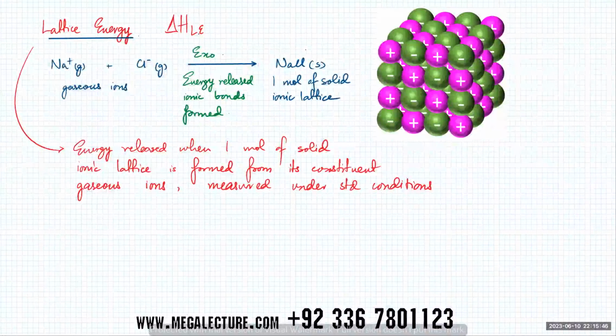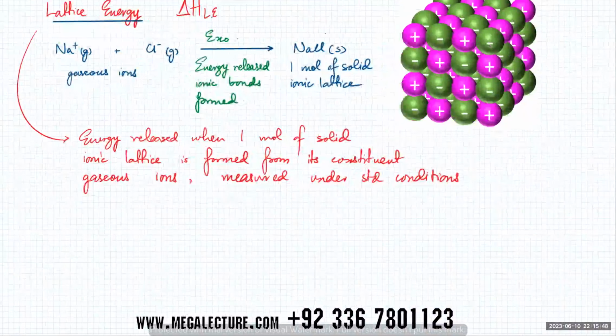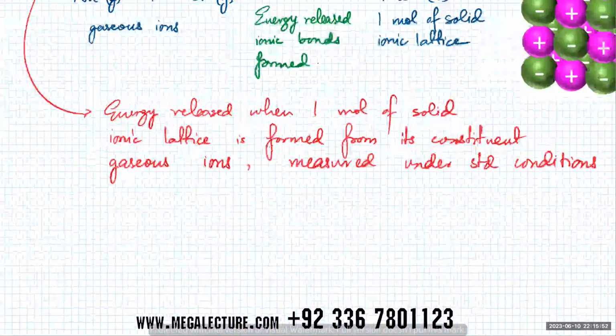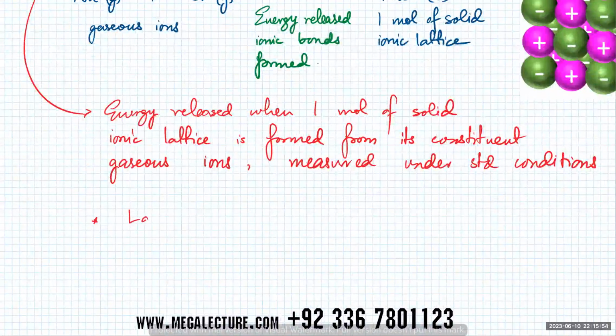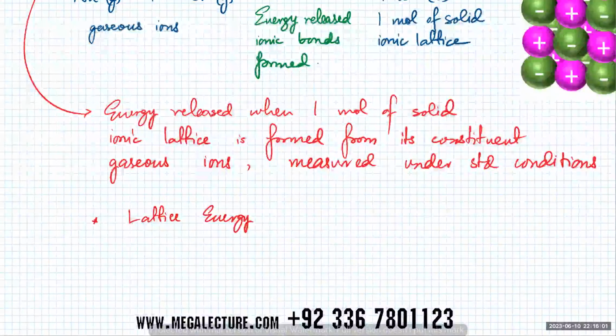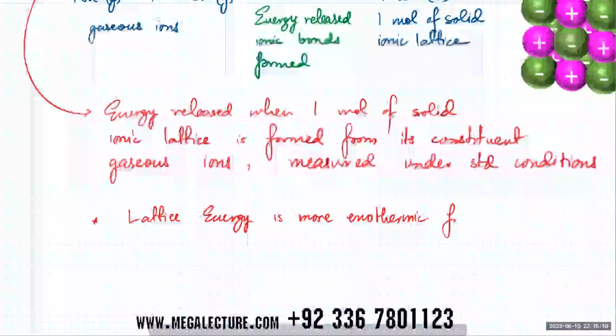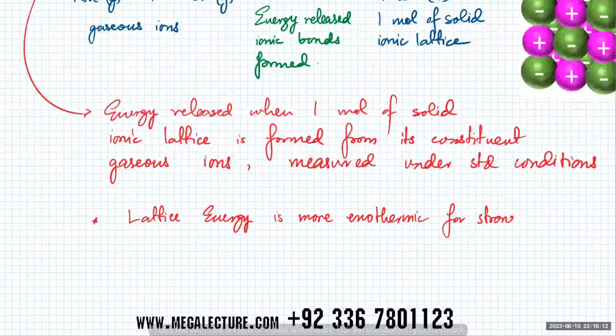Now, the other thing is that if a stronger lattice is formed, that's going to be more exothermic. So for lattice energy, stronger bonds getting formed means it's going to be more exothermic, for stronger lattices.